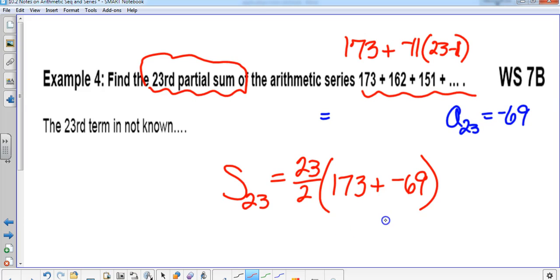Make sure you're typing this in so you know how to get it typed in and answer correctly. Anybody? It's not what I have. 173 plus negative 69 is 104, times 23 divided by 2 is 1196.